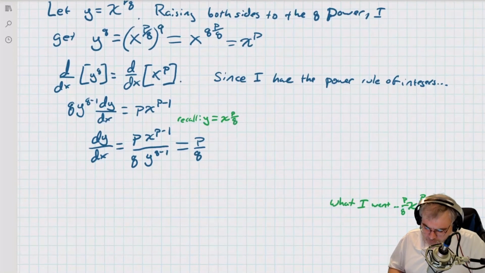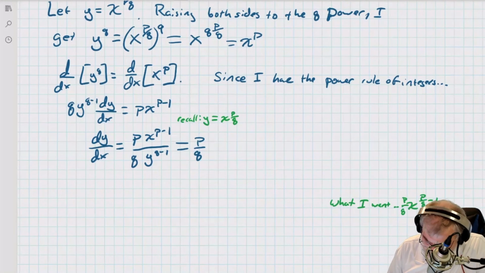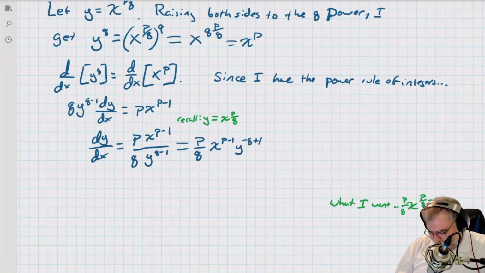All right, so what I'm going to do here is move the y up to the top before I sub it in. So I get x to the p minus 1, y to the negative q plus 1. Okay.